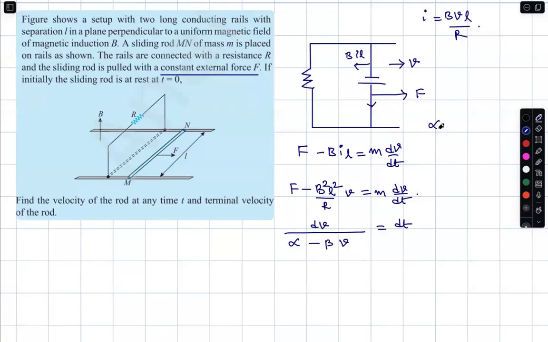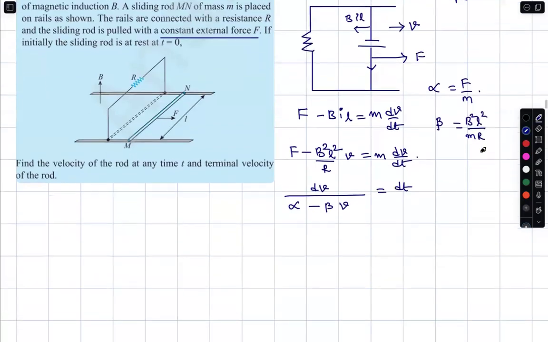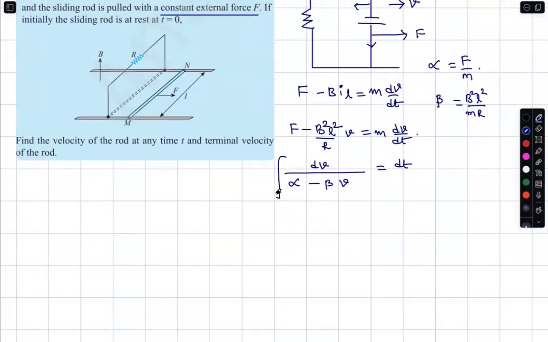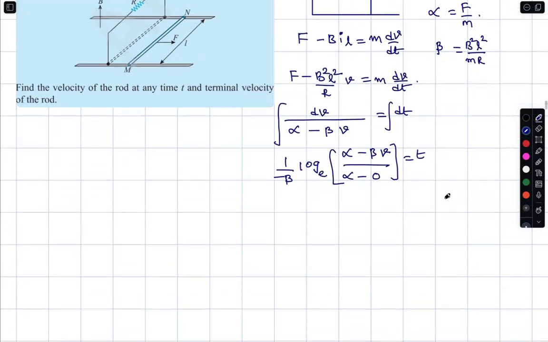I can say alpha as F by m, beta as B square L square by mR. Now it is already known to you how to handle this. 1 by minus beta log e (alpha minus beta V) by (alpha minus 0), because at t equal to 0 you have nothing.